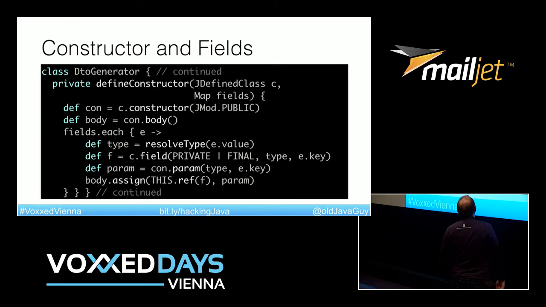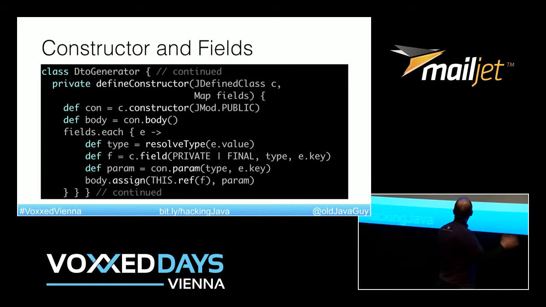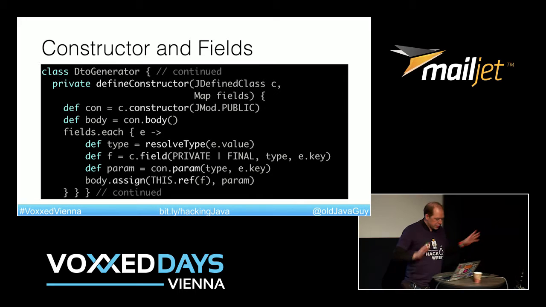So I'm creating a field for every map key, and the type is what I resolved from the map value. And I'm also creating a constructor parameter of the same type and name. And now I'm assigning in the body the field from the constructor parameter. So as code generation goes, this is pretty simple and easy to understand.